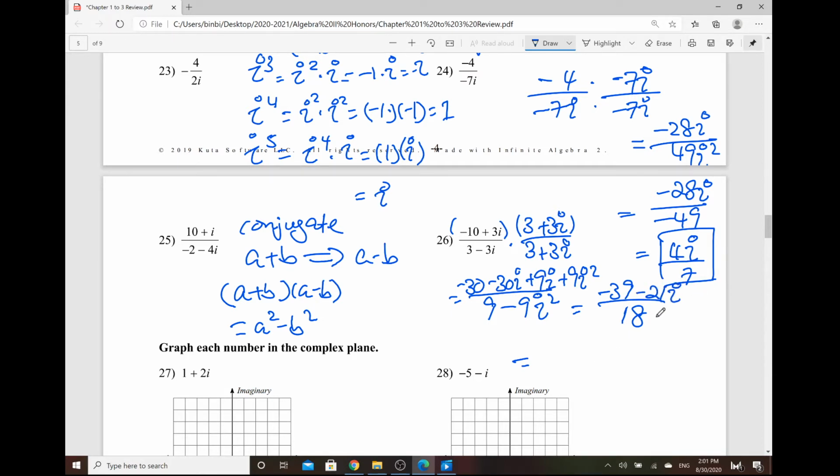And now what we can do is reduce. Looks like we can reduce. Let's see. This one's divisible by 3, but this one's 2. No, it's not. Let's see, 21i. It is reducible. Again, this part right here, that's 21i. Okay, let me just rewrite it. So what we got here, 21i.